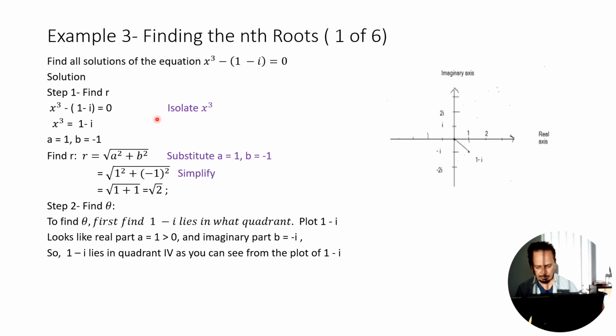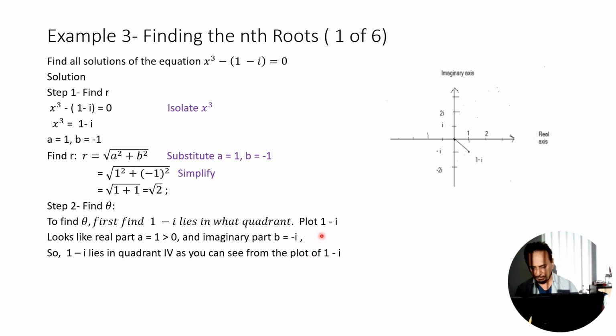Now after finding the r value, we will find the angle θ. To find the angle θ, first find which quadrant 1 − i lies in. So you plot 1 − i. You draw the real axis like a horizontal x-axis, and the imaginary axis just like the y-axis.